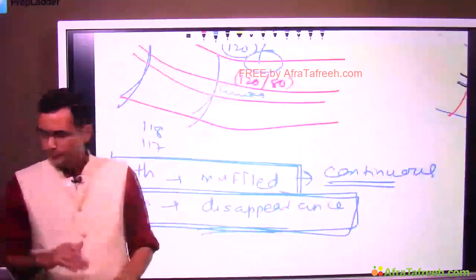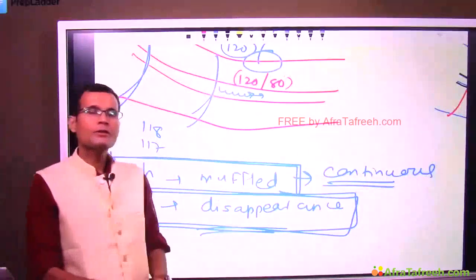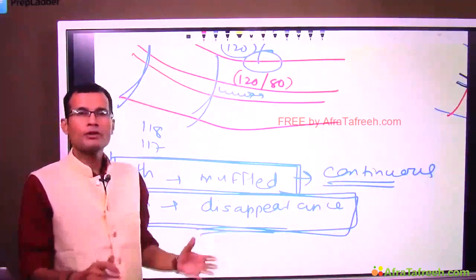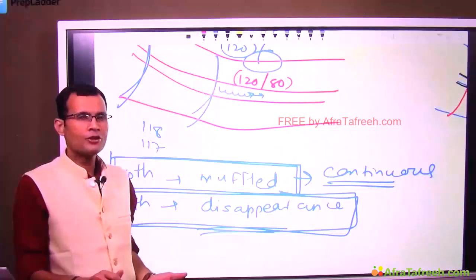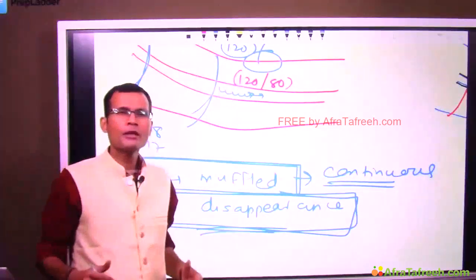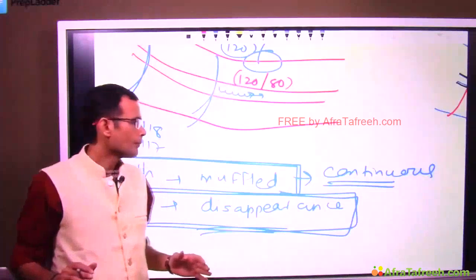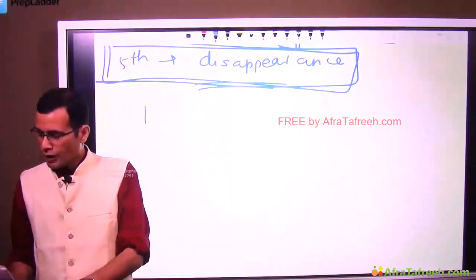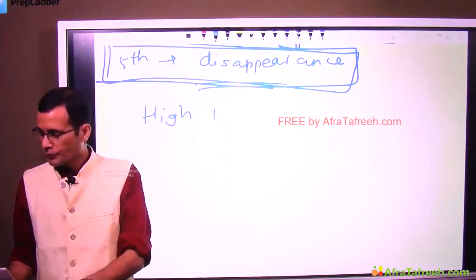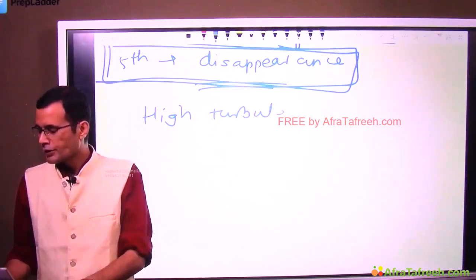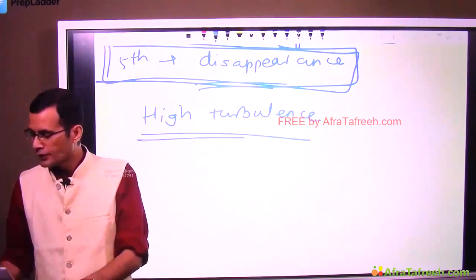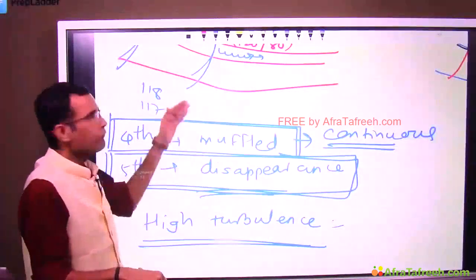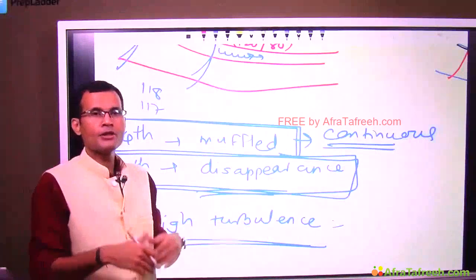Normally the difference between fourth phase and fifth phase is not much. It's less than 5 mm of Hg, so it's not going to make a great deal of difference. But under the conditions where there is high turbulence in the blood flow, the difference between fourth phase and fifth phase will be much higher.